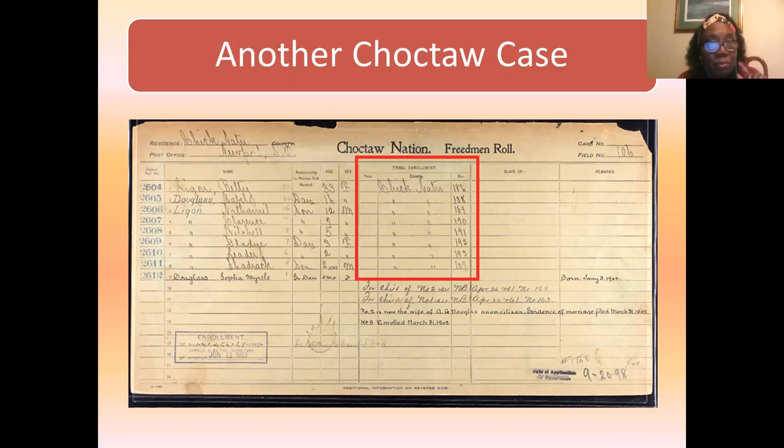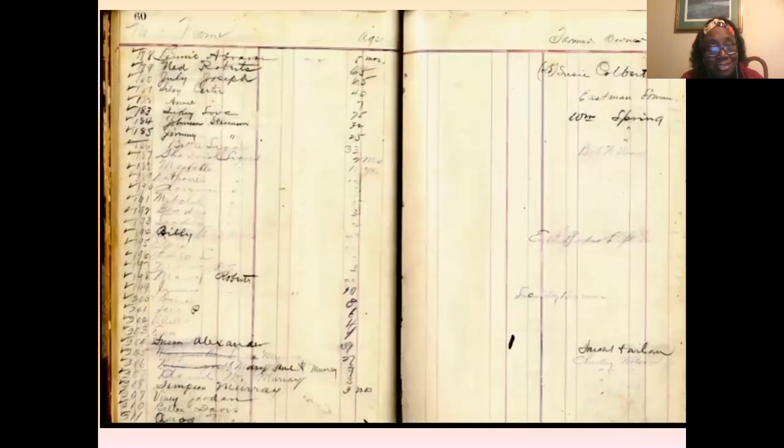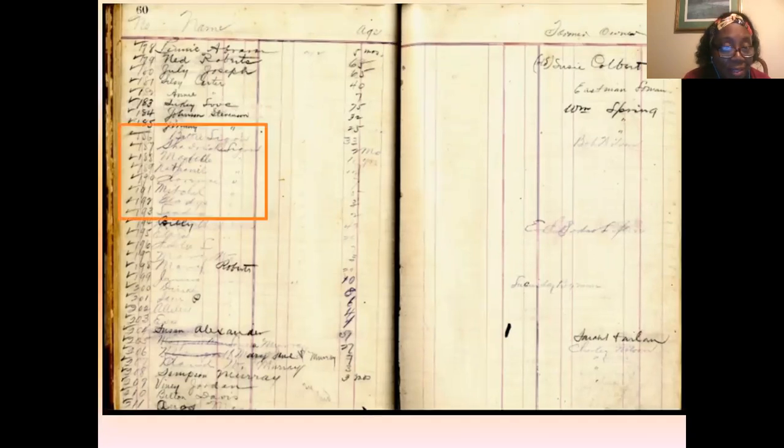And of course, many were put on the 1896 roll. Hers was actually an 1898 roll. And guess what? You see those numbers to the right. It tells you number 186, 188, 189, 190, etc. It tells you where to find her name. It points you to this record. And if you look closely to the left, you'll see right in the middle, there's Betty Ligon.